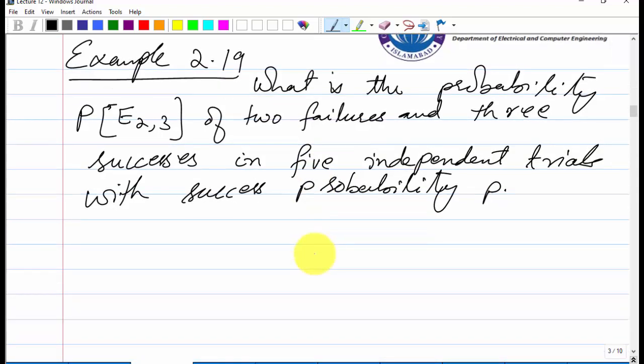As you know, probability should be between 0 and 1, but for the time being we have just denoted it by P.